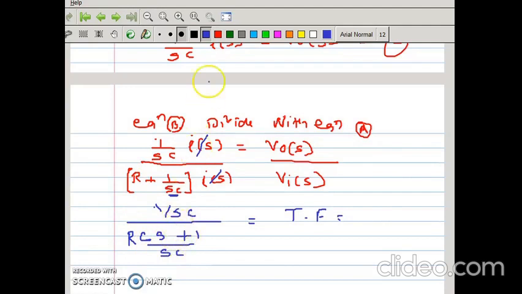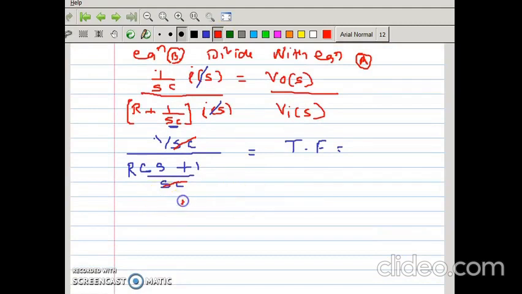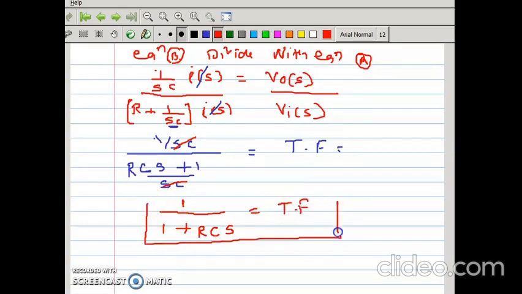Now in the numerator and denominator, the common term is SC, so both are cancelled. The remaining is 1 upon 1 plus RCS. This is your transfer function of the given circuit.